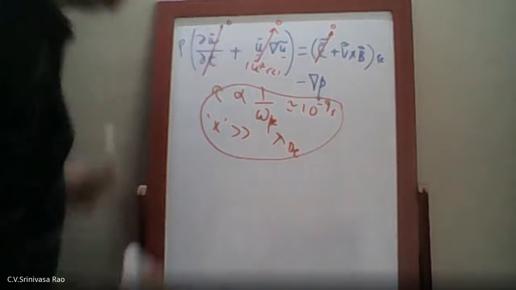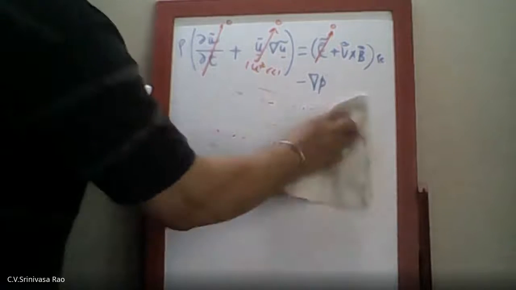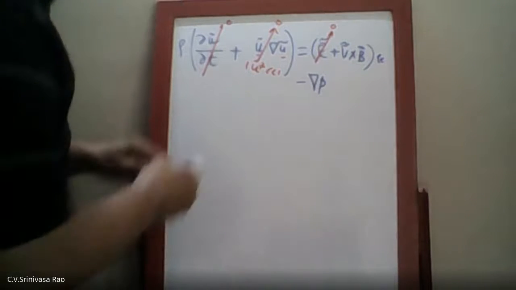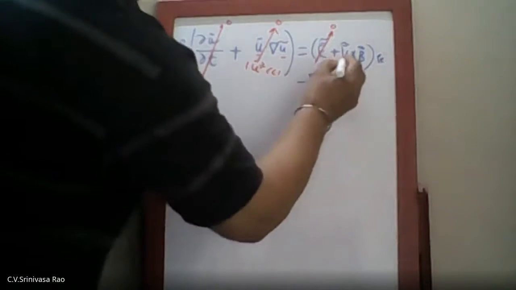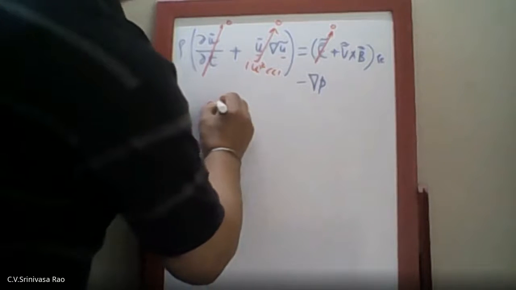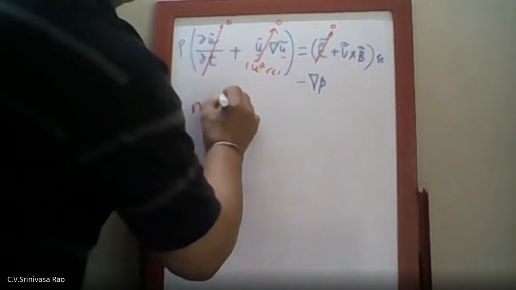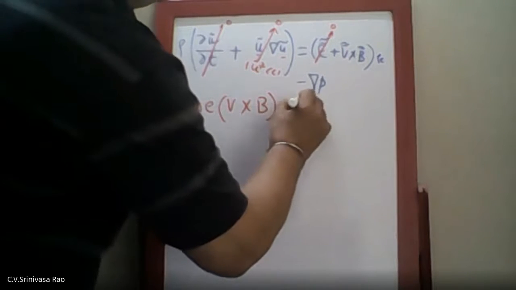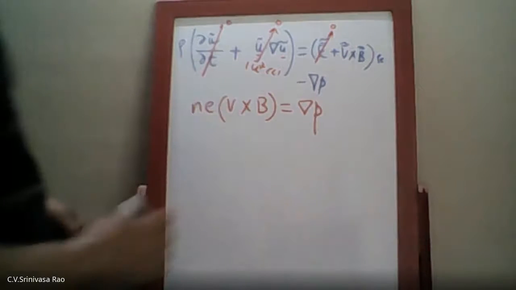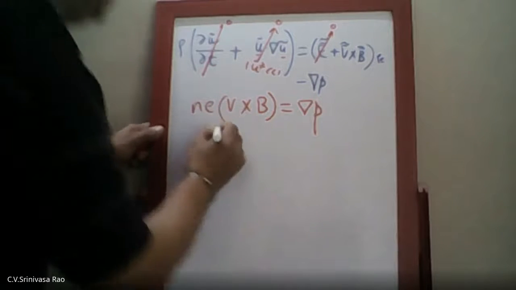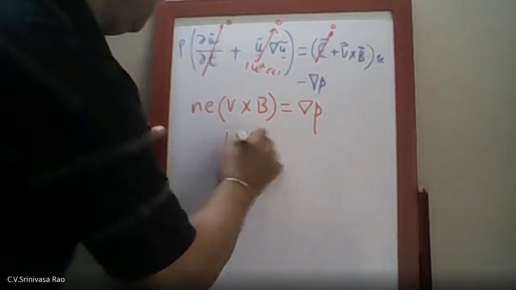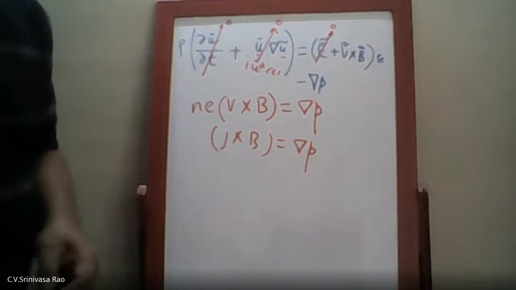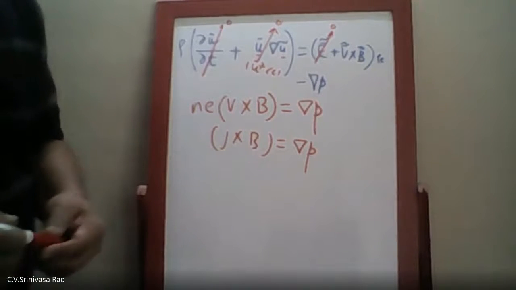So therefore, this equation basically reduces to n e E B, which is basically J. So J cross B is equal to grad P.